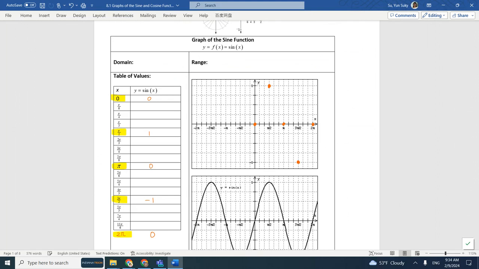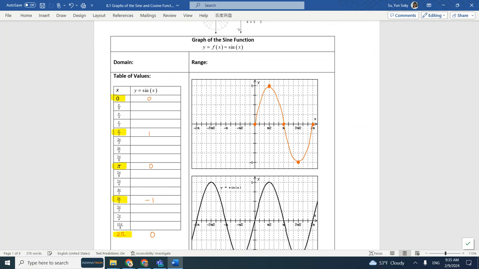Now we connect the points smoothly. Okay, so connect like this. By the way, don't just put line segments to connect them. They should be very smooth. Okay, everybody? So with those 5 key points, we can draw the shape of the sine.